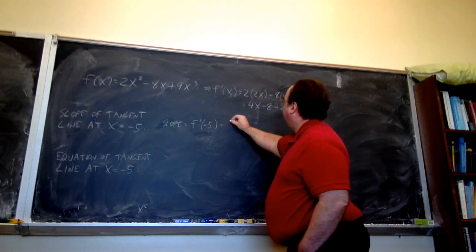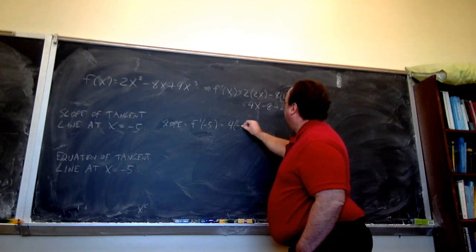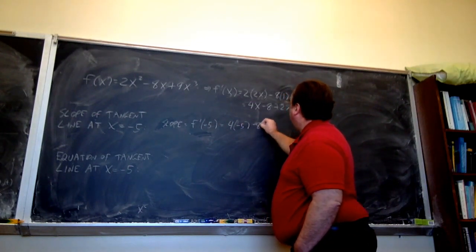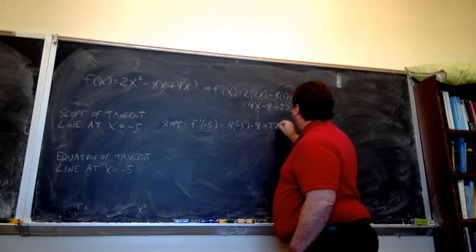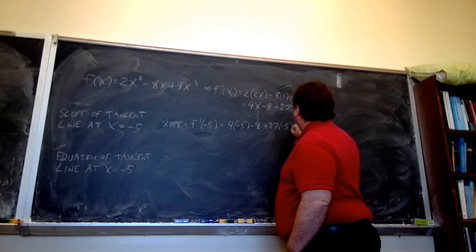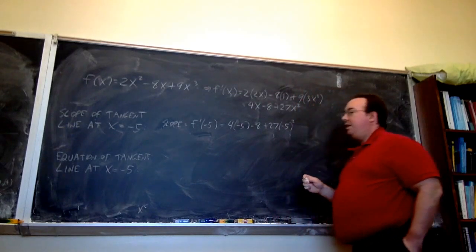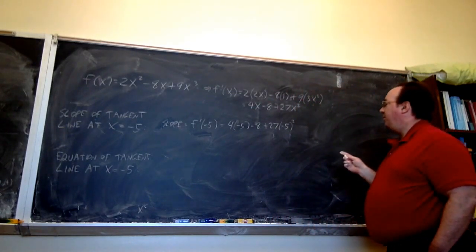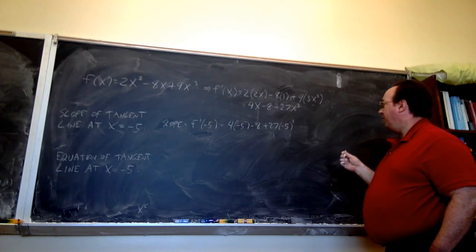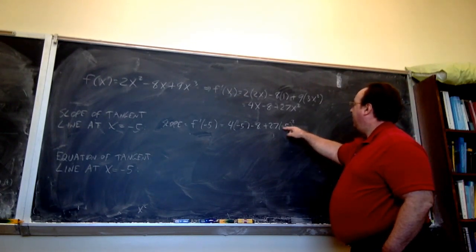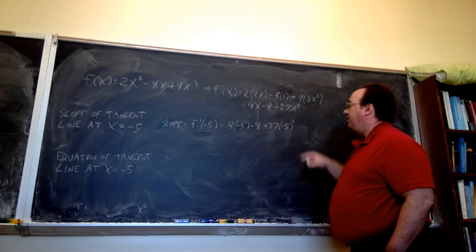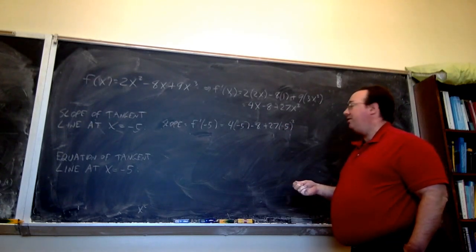So I get 4 times minus 5 minus 8 plus 27 times minus 5 squared. Now be careful when you substitute negative values for x. Here we have minus 5 squared. When you take a negative number and square it, that becomes a positive number.